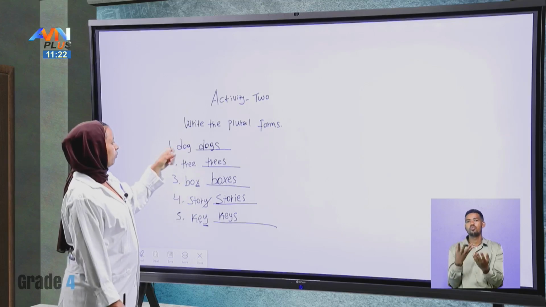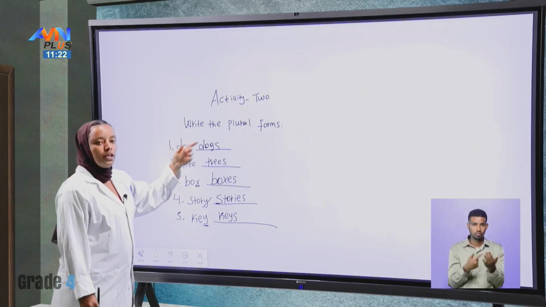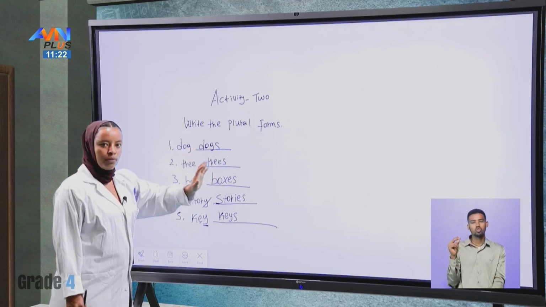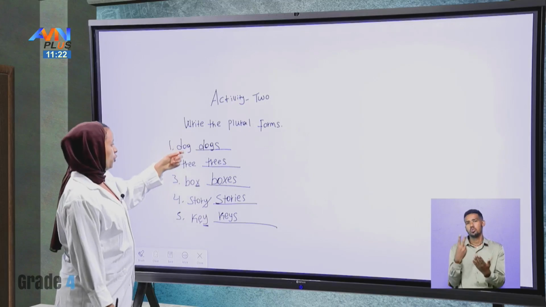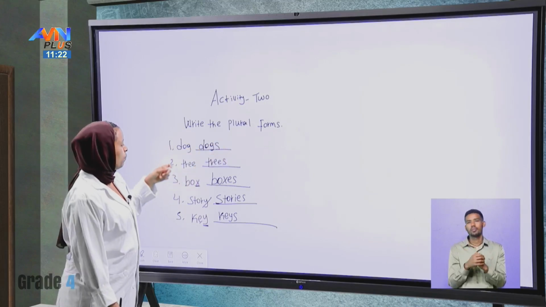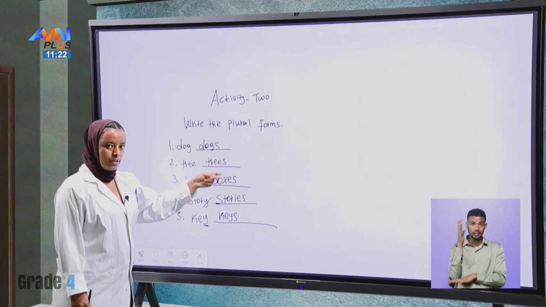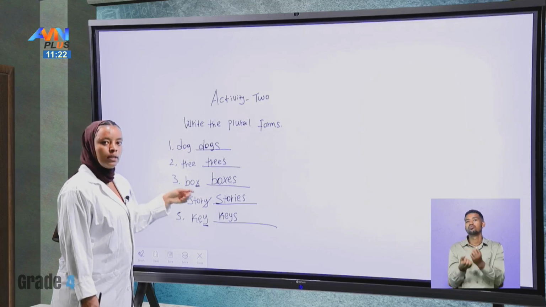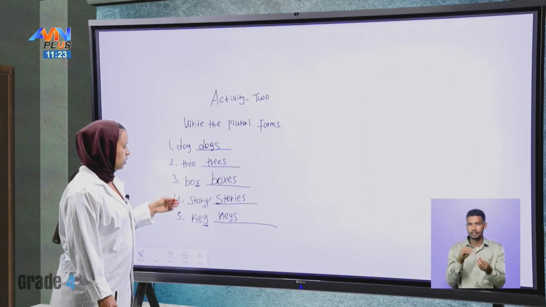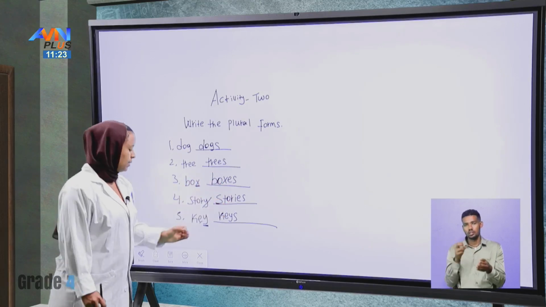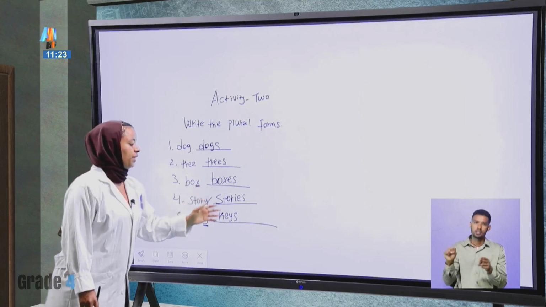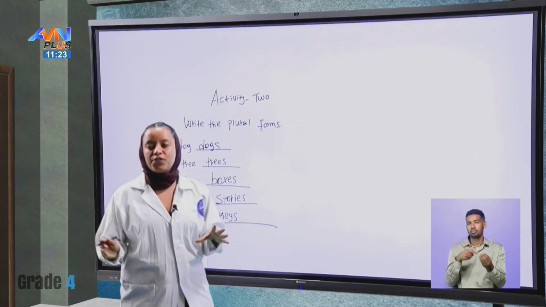It might be 2, 3, or many. Dog, dogs. Tree, trees. Box, boxes. Story, stories. Key, keys.